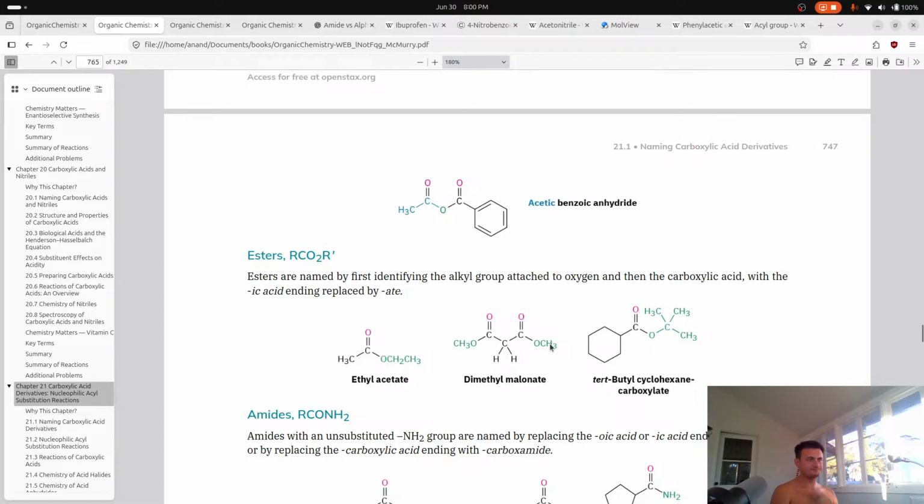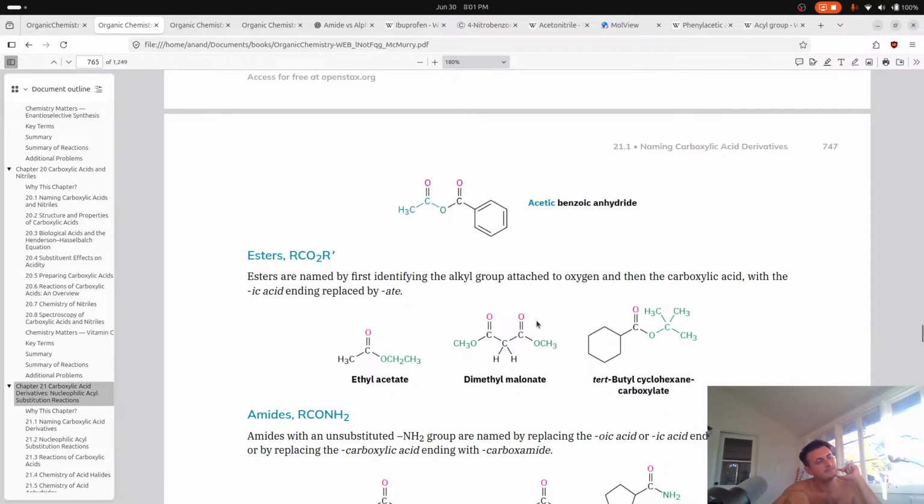Dimethyl. Wait, but this one's kind of weird, right? Oh wow. Okay, but we gotta write this one down. This one's weird because it's got two carboxylic acids, so the -ic acid goes to -ate.